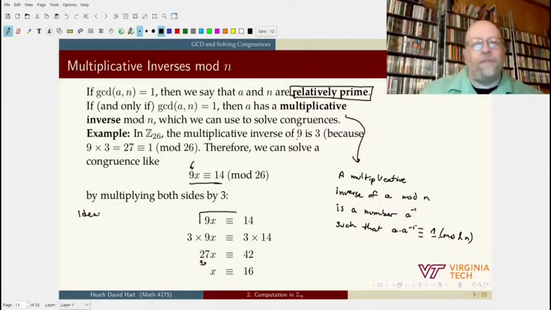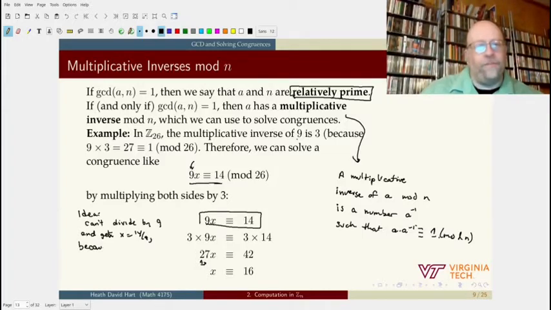We can't solve this by dividing. We can't divide by 9 and get x equals 14 ninths, because 14 ninths is not an integer.